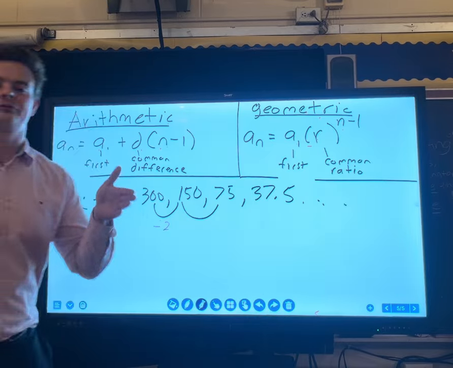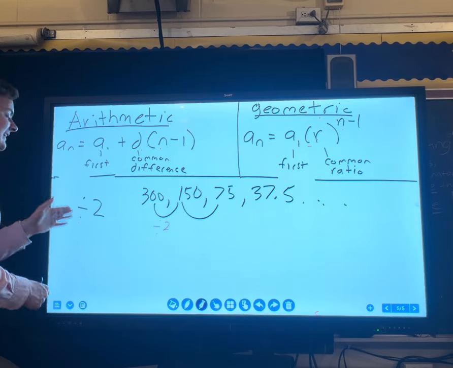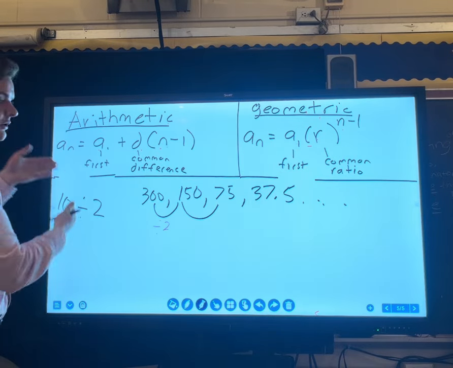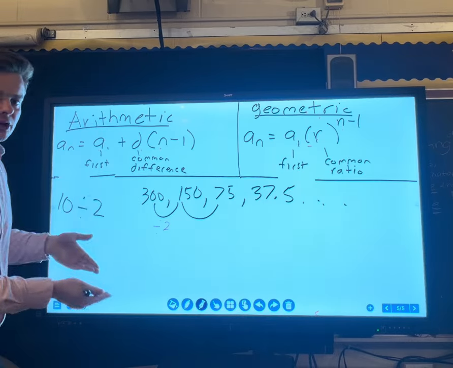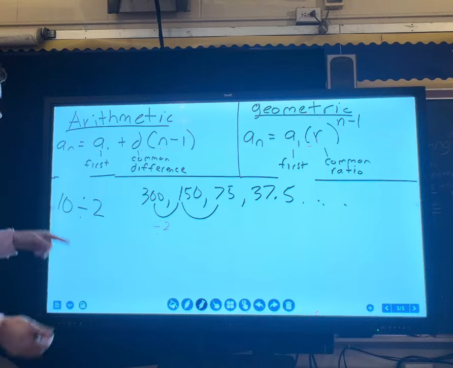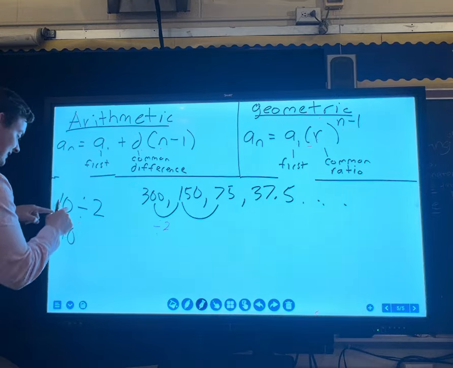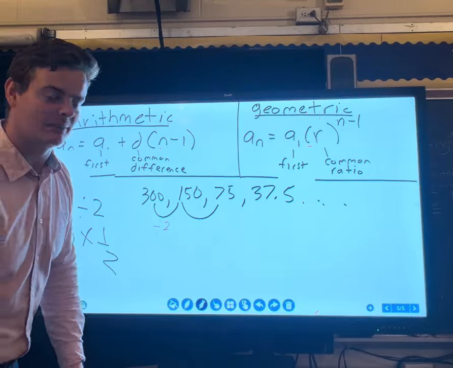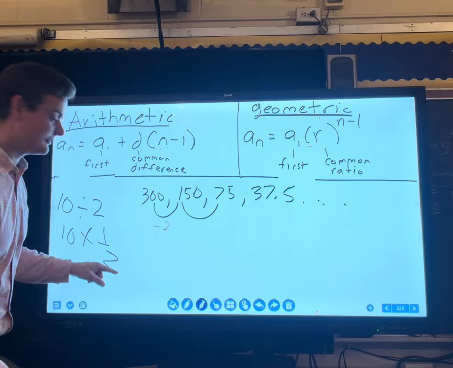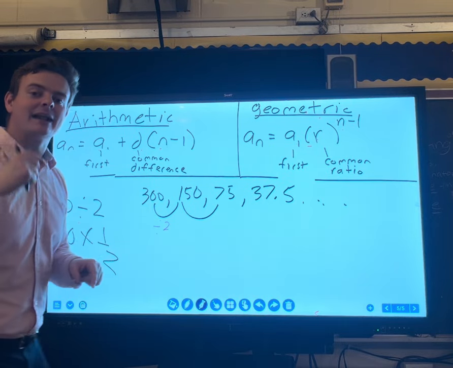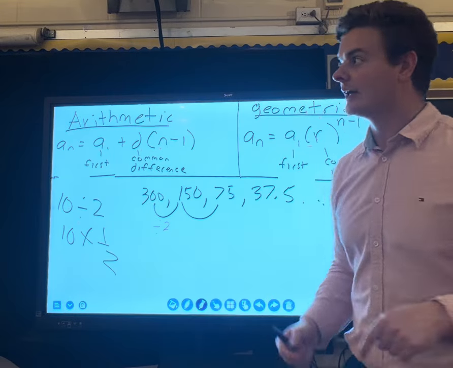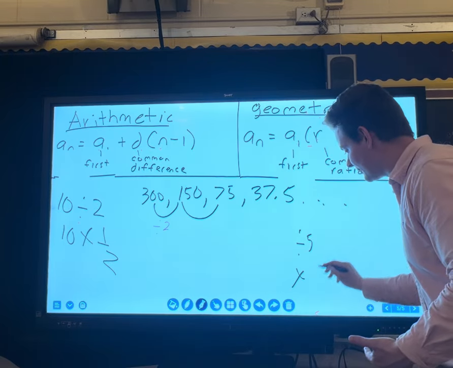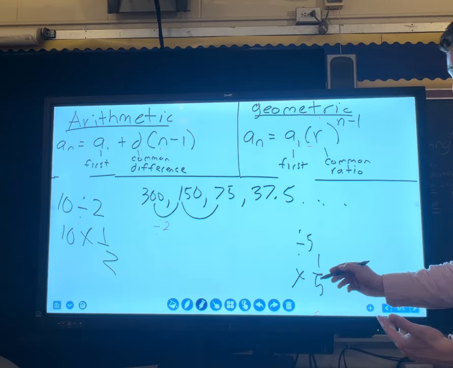But remember from fractions, we remember that keep, change, flip rule that we're supposed to do with fractions, that we can also do with regular numbers, because fractions are just numbers. Dividing by 2, keep, change, flip, is the exact same as multiplying by a half. Dividing by 5 is the same thing as multiplying by 1/5.